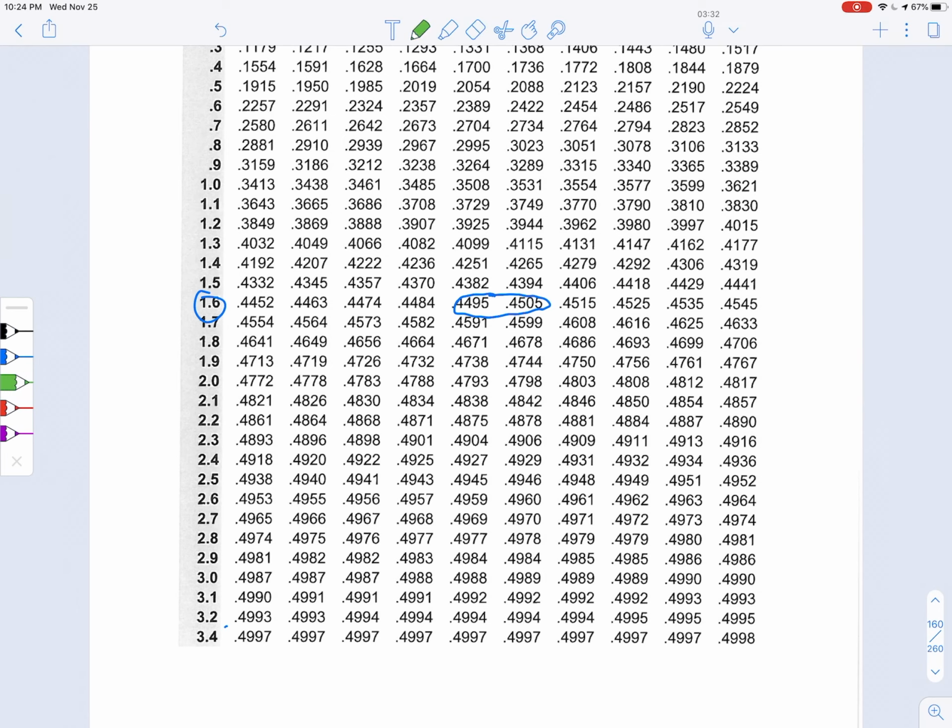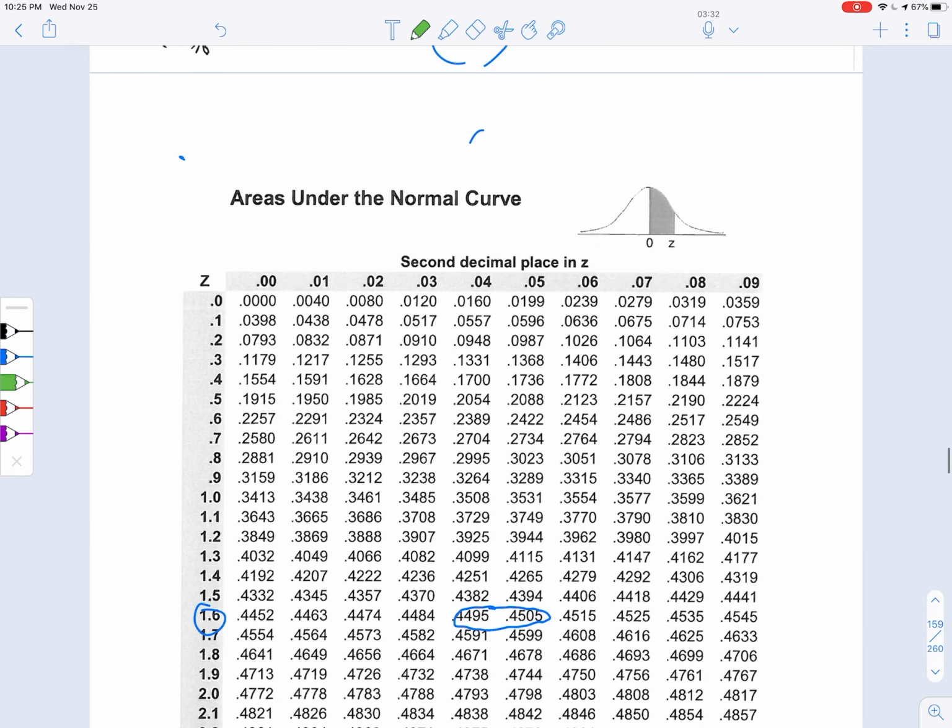We're looking for 3.57. And so we go down here and actually this thing ends at 3.49. So it's even further in the tail than this. 0.4998, it's the 0.5 minus that.